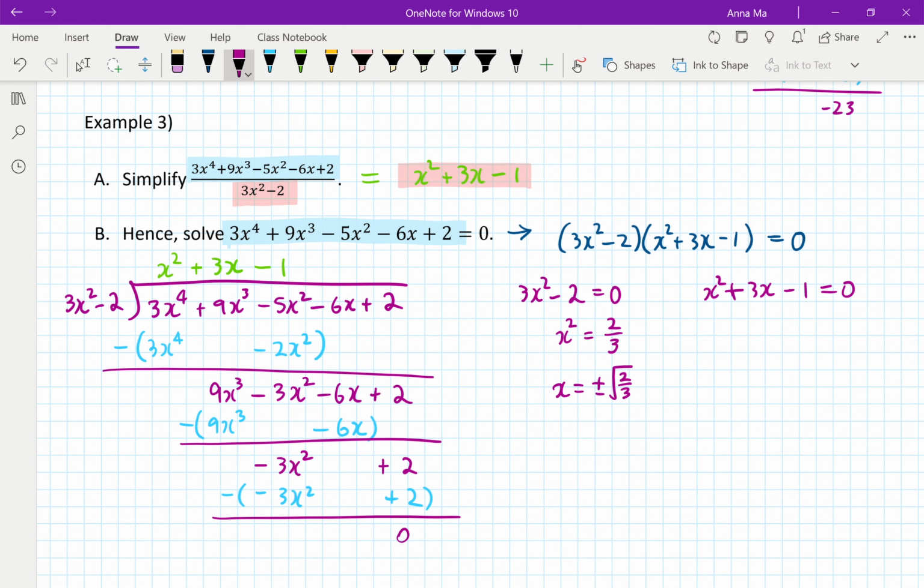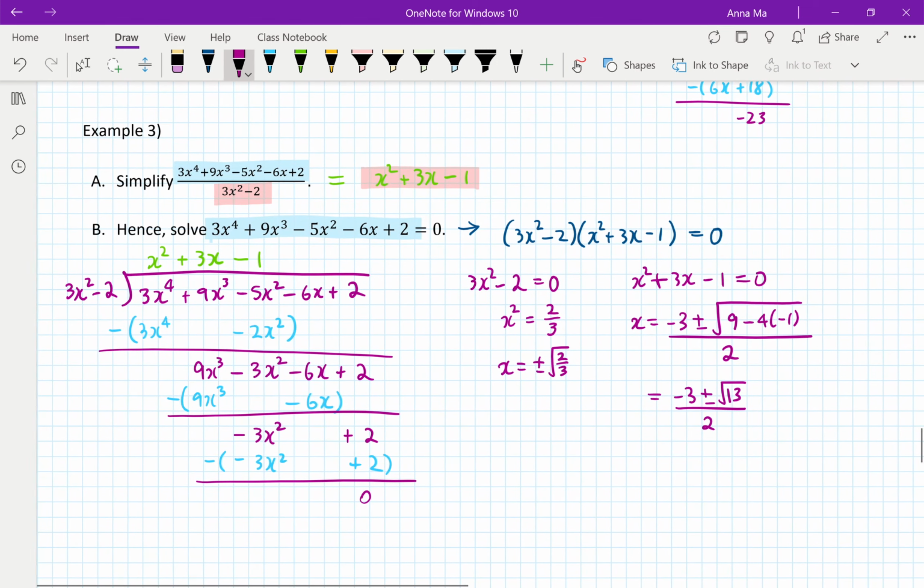I don't think you can factorize that. Let's do the quadratic formula. Minus 3 plus minus root b squared minus 4ac over 2a. And that's root 13, and that's not simplifiable, so that must be it. So we've got 4 solutions in total.